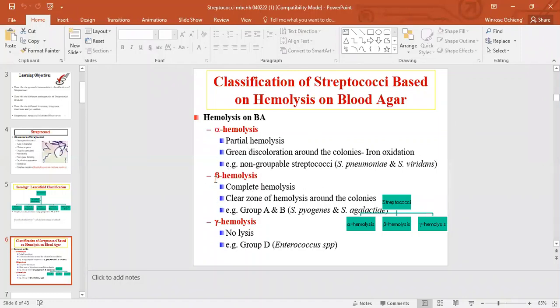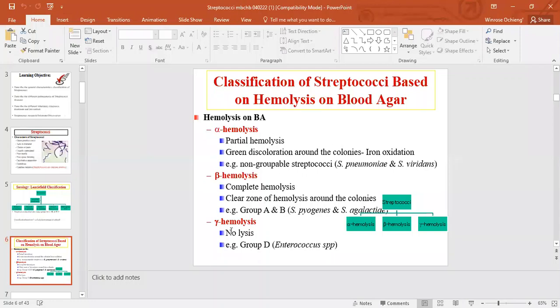Then we have beta hemolysis, what we call complete hemolysis. When these grow on the blood agar, they form a complete zone. You can see a very clear zone around the colonies of Streptococcus pyogenes, Lancefield group A, and Streptococcus agalactiae, Lancefield group B. Then we also have another hemolysis we'll be classifying.